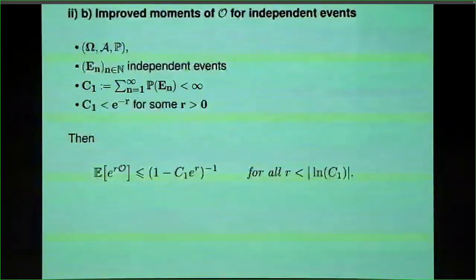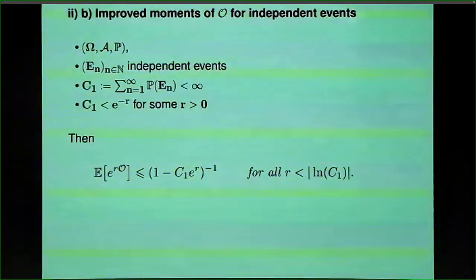Now, we can improve this. If we use another formula, we can estimate it differently. The price to pay is that this looks like 1 over 1 minus something. This is some kind of geometric sum, and the only thing with geometric sums is that the thing whose power you're summing must be smaller than 1.